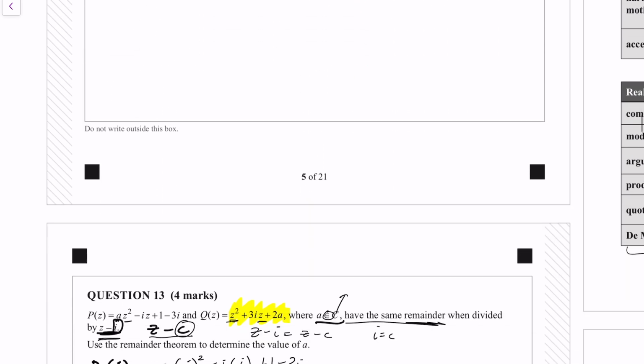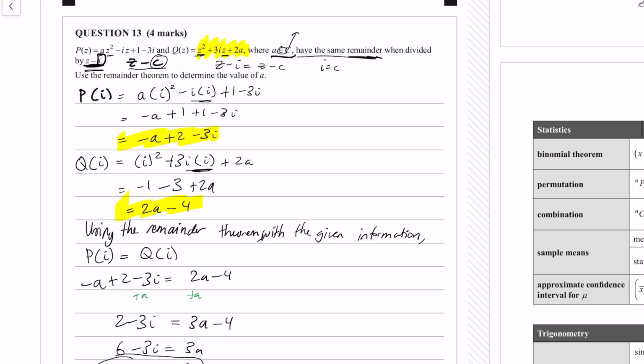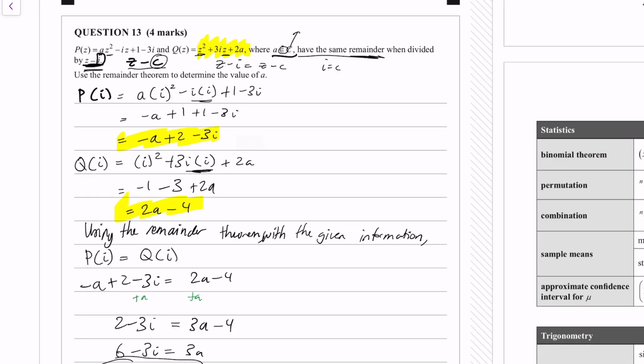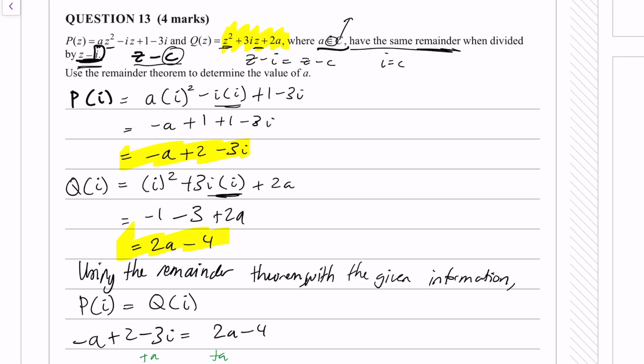Oh, and I'll do the marking scheme again as well for question 13. It was 4 marks, so it's pretty high yield. So you get a mark for correctly using the remainder theorem. So basically just saying where z is equal to i.